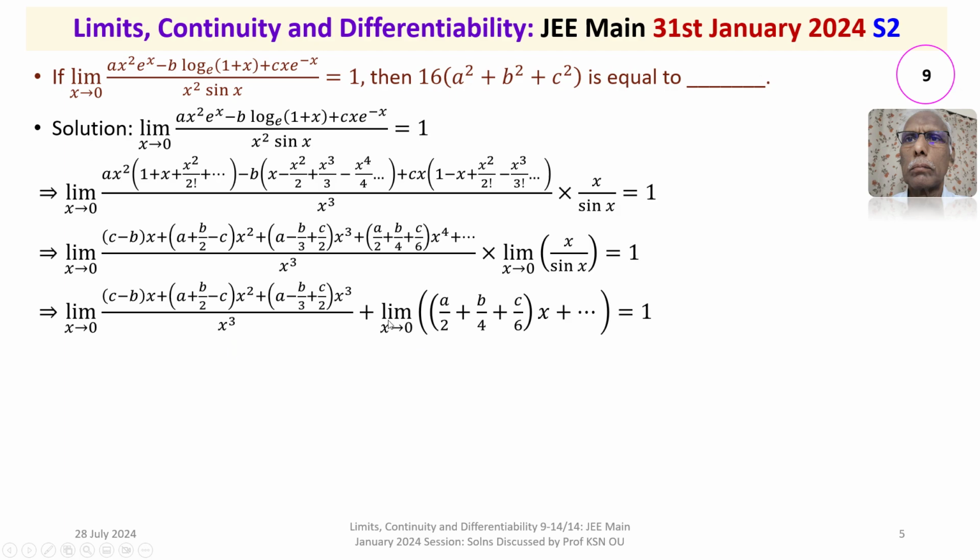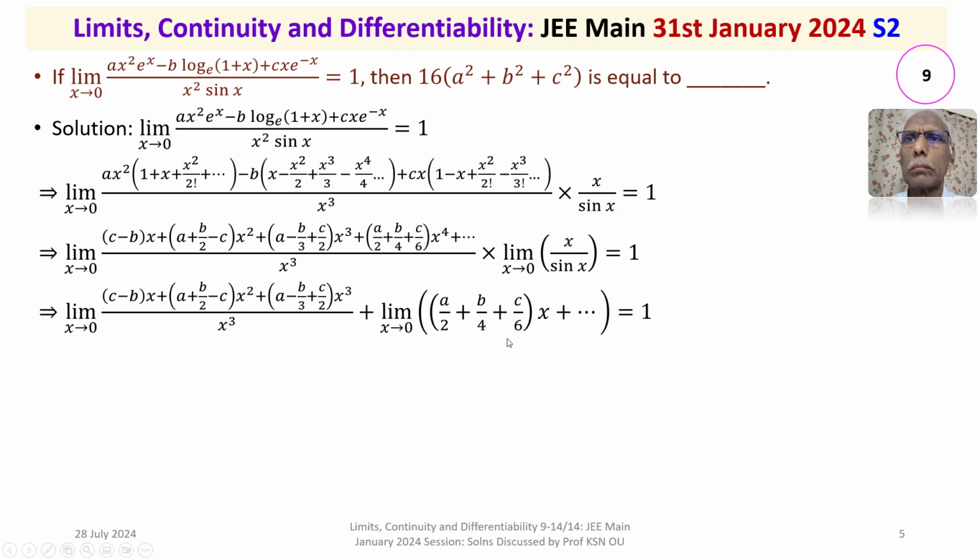You will get limit x tends to 0 of the coefficient of x to the power of 4 by x cube, x, and so on. That is a by 2 plus b by 4 plus c by 6 in brackets x plus so on and so forth. All the remaining terms contain x. As x tends to 0, this whole thing becomes 0 because it is x, x square, and so on. So this becomes 0.